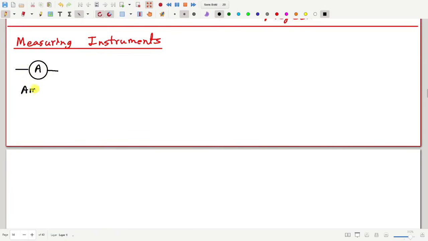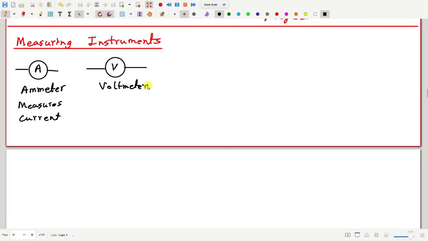This is called an ammeter, and it is used for measuring current. The symbol of a voltmeter may be like this, V inside a circle, to measure voltage. We will also talk about the wattmeter to measure power.